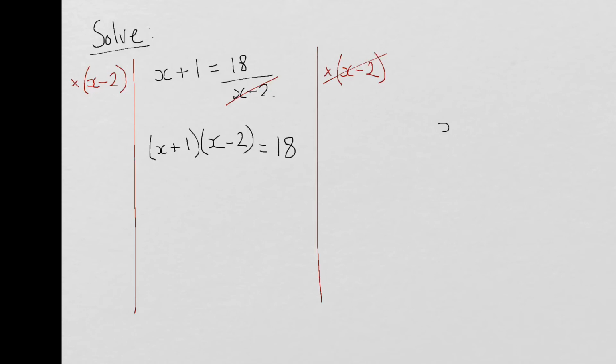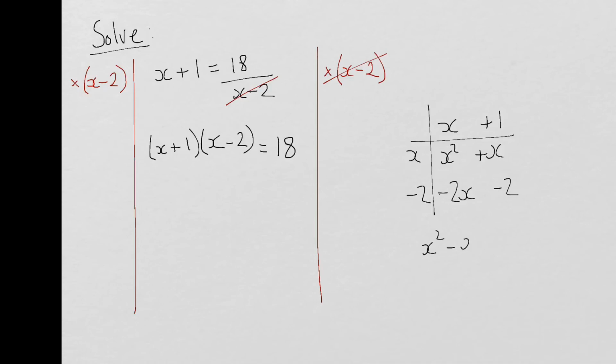So on the side you might just want to do your table. So x and minus 2. I've got x squared plus an x, subtract 2x, and then overall there is subtract 2. So on that side I'll get x squared minus x minus 2, which is equal to 18.